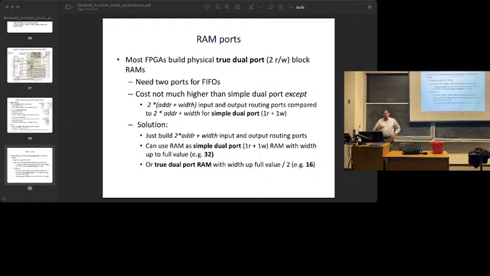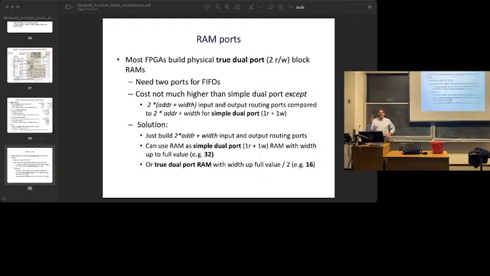So let's say that the maximum width, like the normal width of the RAM, was 32-bit words. So you have to build 32 data inputs, 32 data outputs, plus a couple of address ports, just to make simple dual port work. True dual port would need more, but you don't want to build that because it's too expensive.